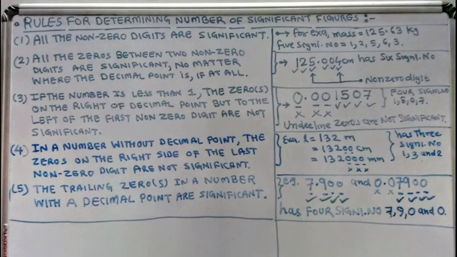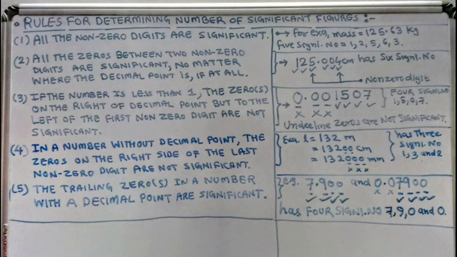Now let us take the rules for determining the number of significant figures. First, all the non-zero digits are significant. For example, in a measurement of mass 125.63 gram, there are 5 significant digits, which are 1, 2, 5, 6 and 3.